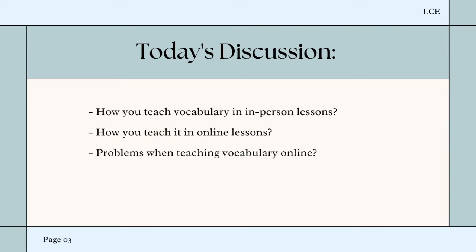By the end of the lesson, the students will be able to say the words, to write the words, and to make sentences with the words. Okay, so we can see that the nature of an online lesson is the same as an in-person lesson. But we have to use different activities because we teach online. Okay.